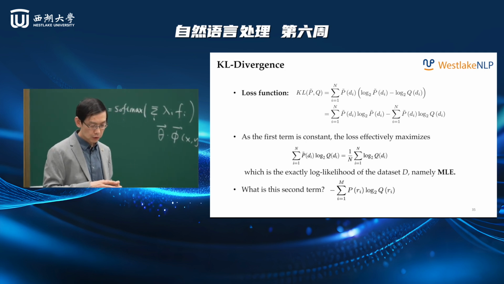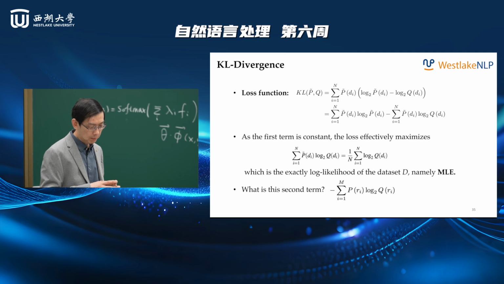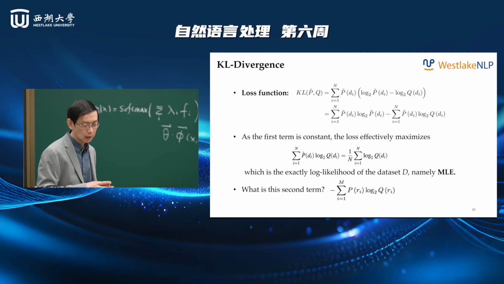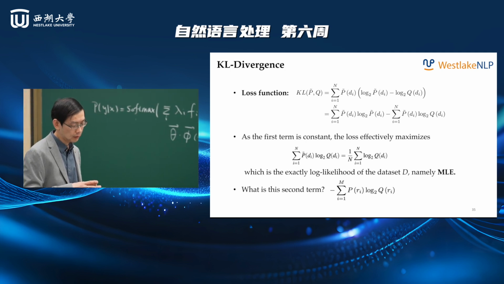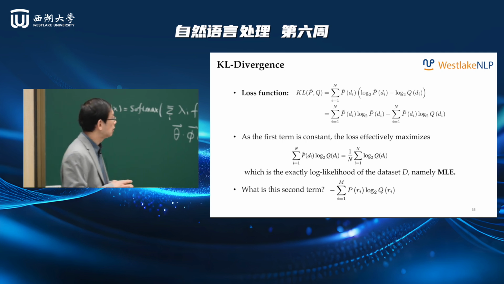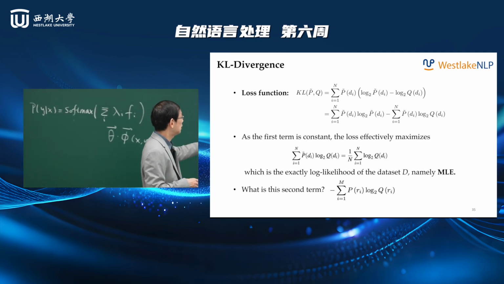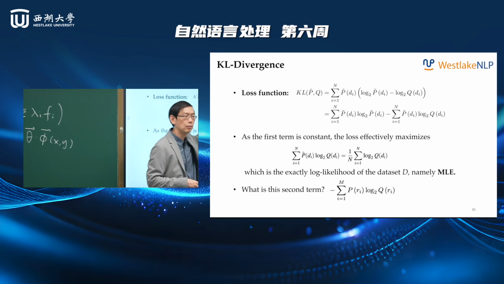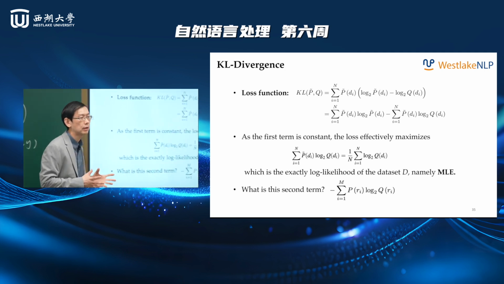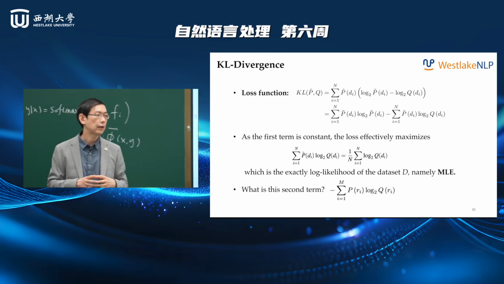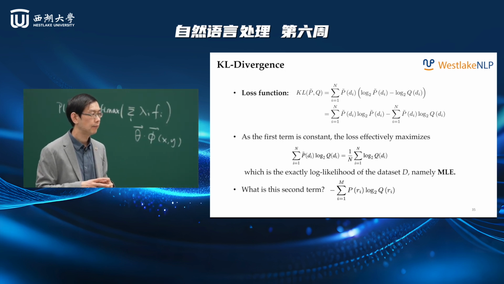So by using this training objective, I am minimizing sum P log 2 P minus sum P log 2 Q. But the first thing you notice is that the first term is a constant because P is just an empirical count. So it doesn't affect the optimization of my model.